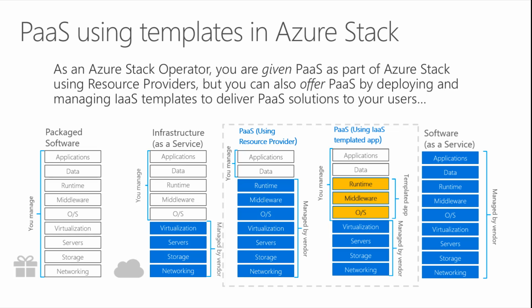So in a full-blown resource provider, just like services that are in Azure, if we have app services as a resource provider, all the things in the left side of the dotted box in the dark blue squares are managed by the vendor. In other words, you and your Azure Stack operator. So they would deploy the app services resource provider. They would update the OS.